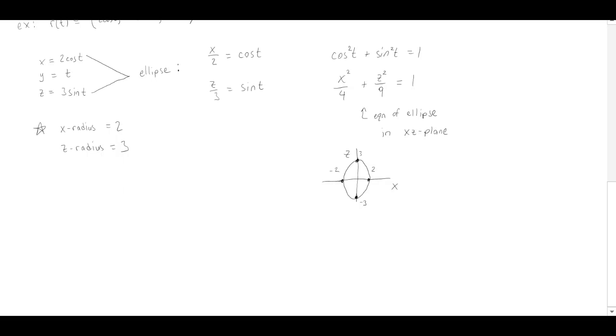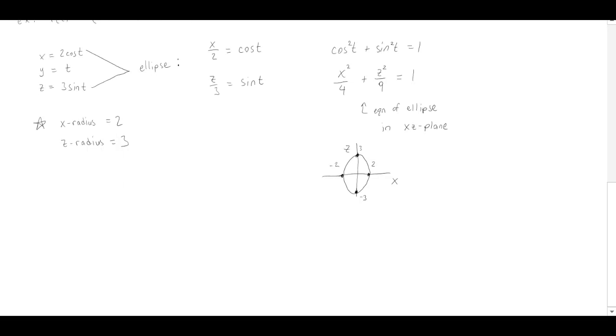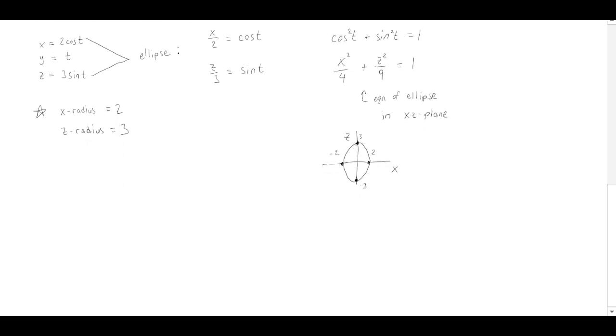Okay, so it looks like we have some ellipses along the xz plane. But we have y equal to t. So let's think about what that's going to be doing to our figure.